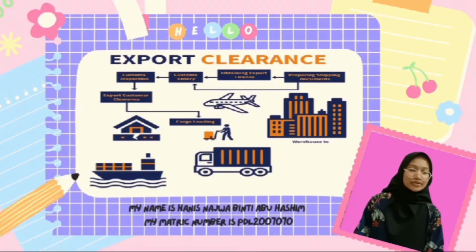Who is responsible for the export clearance? We need to find out who is responsible for the export clearance, especially under the FCA. The person responsible for the export clearance is the seller.